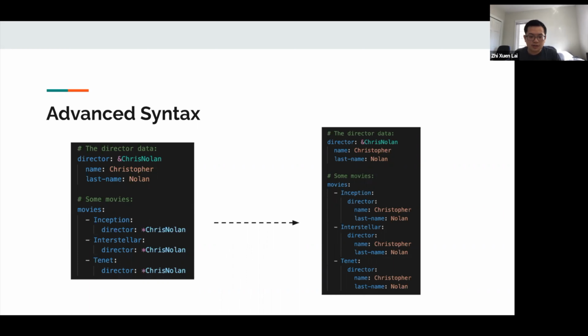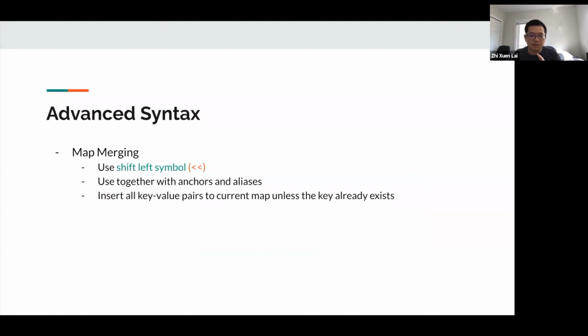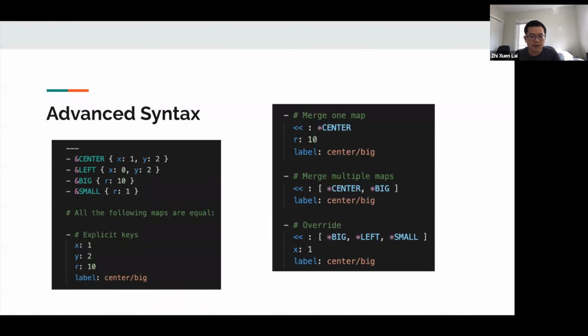The next thing is called map merging. It uses a shift left symbol. It is used together with the anchors and aliases. It basically does the same thing, but if the key already exists, that will override what you insert. So over here we have an example of how that works.